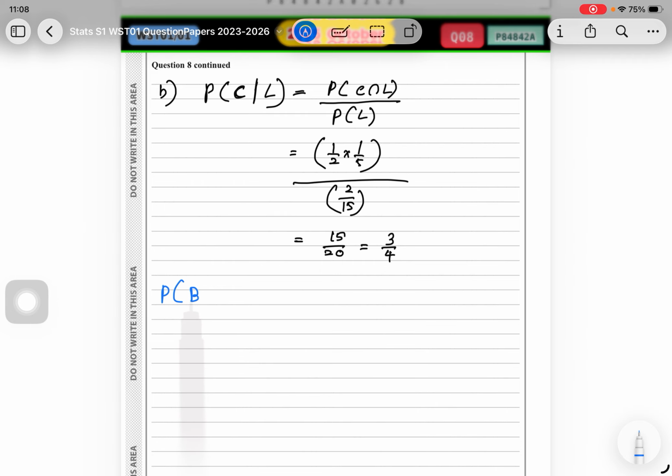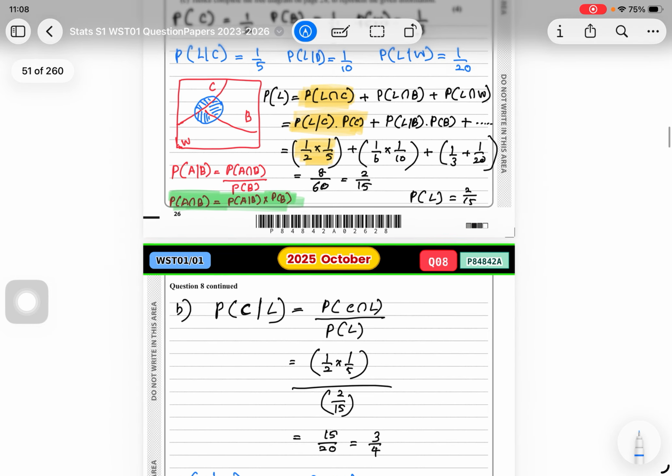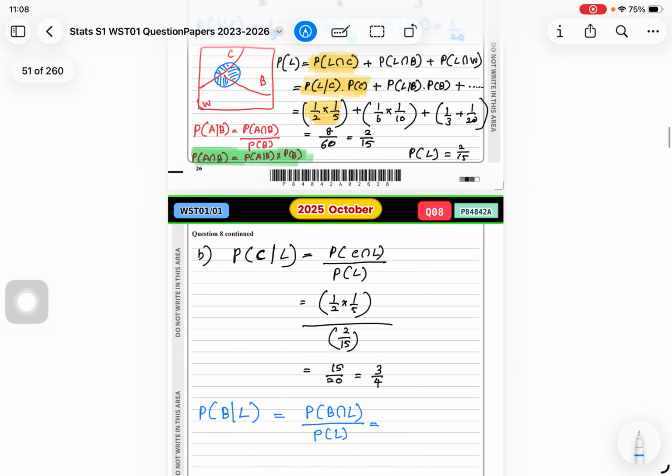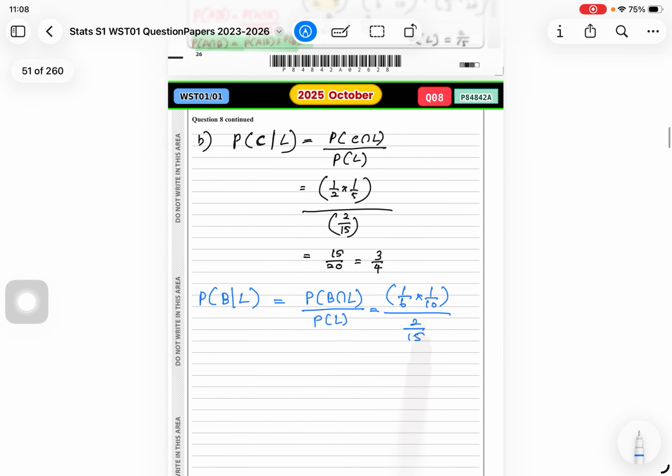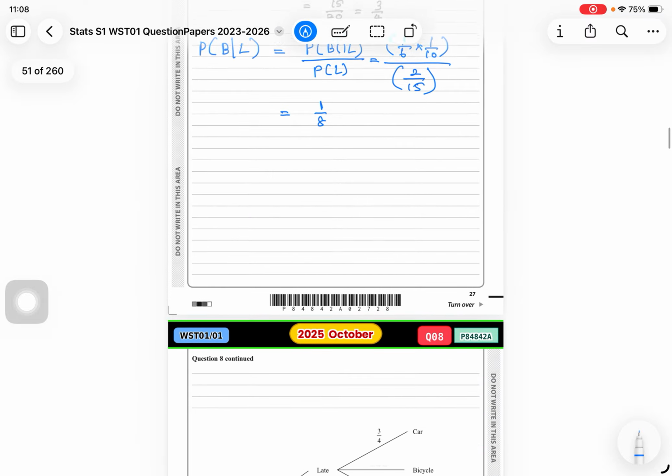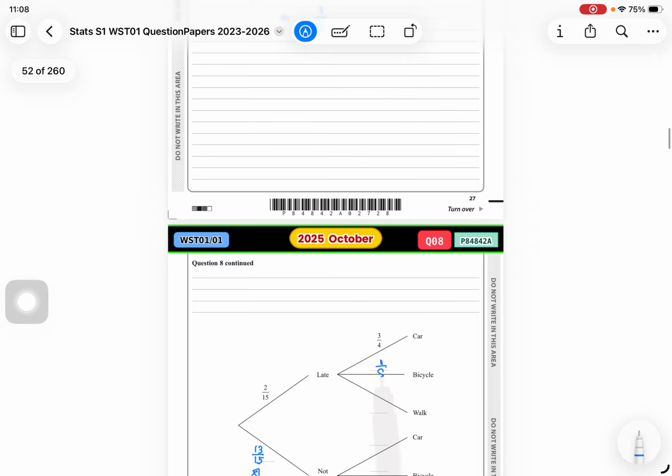Probability of bicycle, given that you are late: for bicycle we have 1 over 6 times 1 over 10, and you divide it by 2 over 15. So what you get is 1 over 8. So we are going to fill this in, this is 1 over 8.